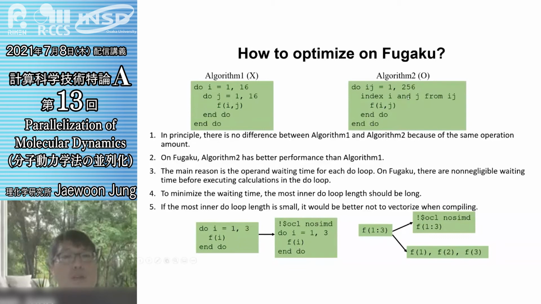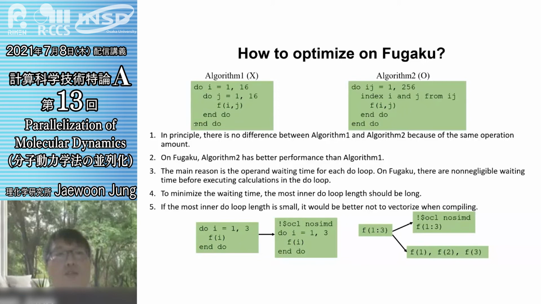It's because of the overhead waiting time for each do loop. So on Fugaku, to allow the SIMD command in the innermost do loop, they have some kind of optimization procedure. And such optimization procedure is not negligible at all.